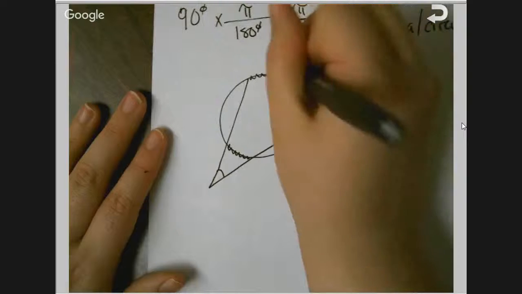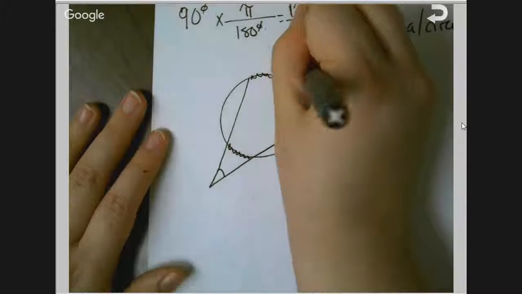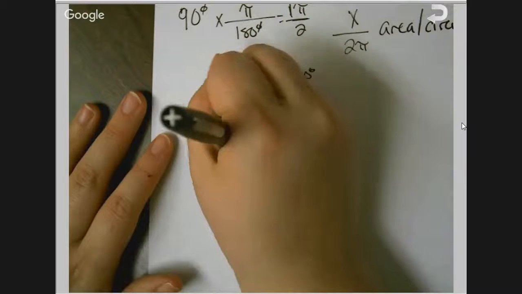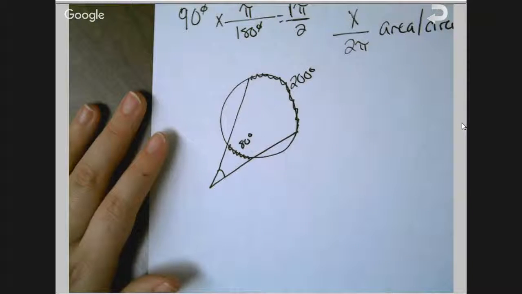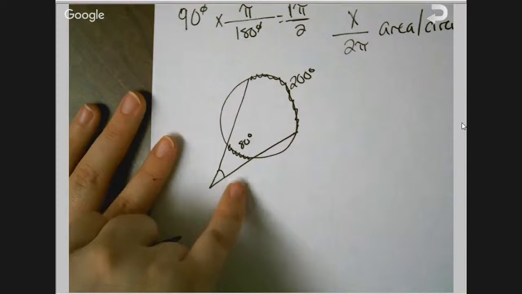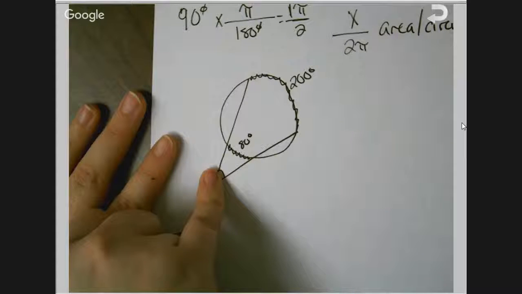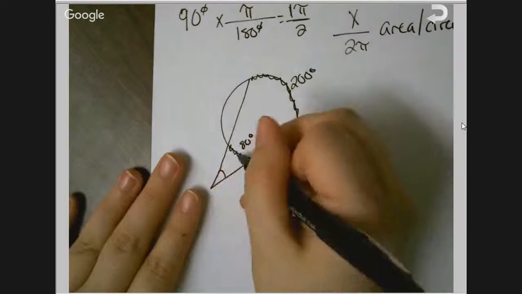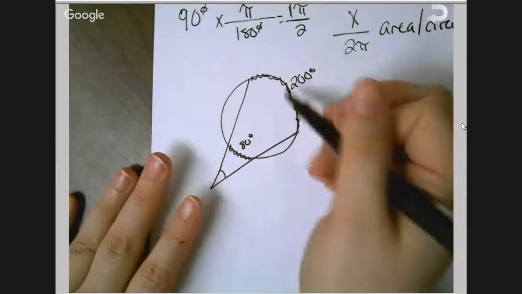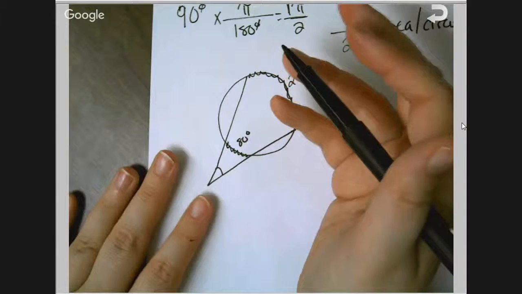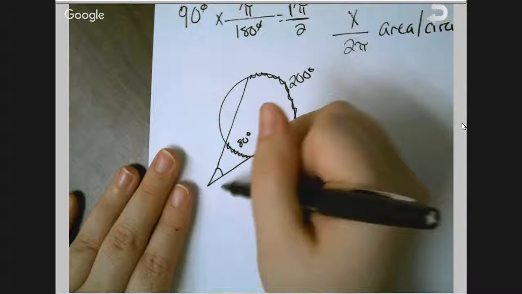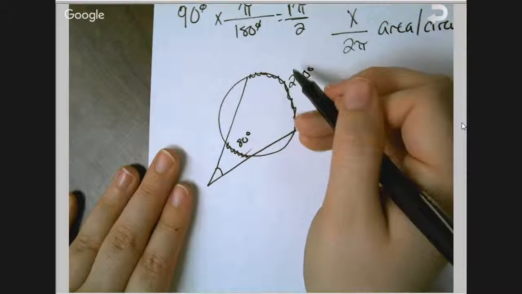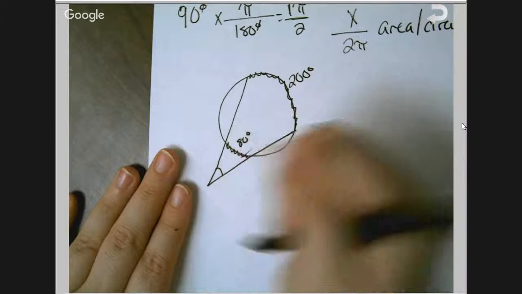Okay, so if I said this is 200 degrees and that this is 80 degrees, I need to be able to find this, right? Well, on an inscribed angle, one that didn't go all the way out but stopped right here, we would have just divided that 200 by 2. Okay, but I need to equalize it back to what it would have been if I had had it here. So I have to say 200 minus 80, then divide it by 2.